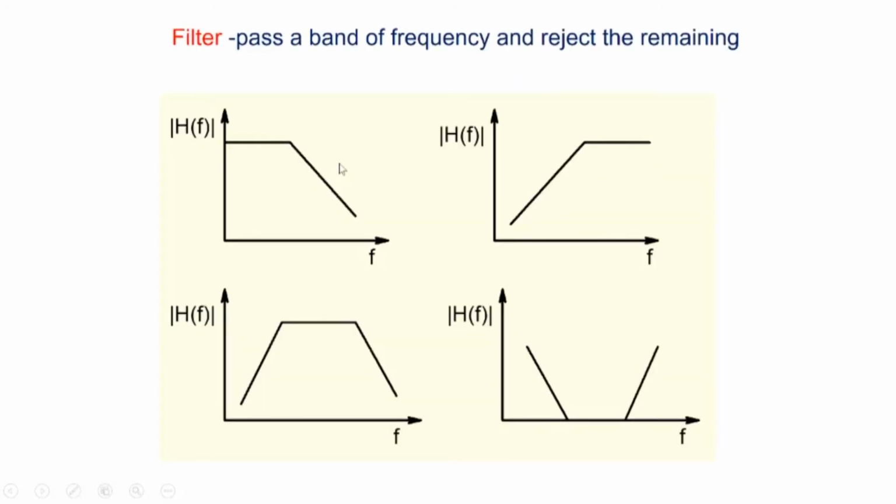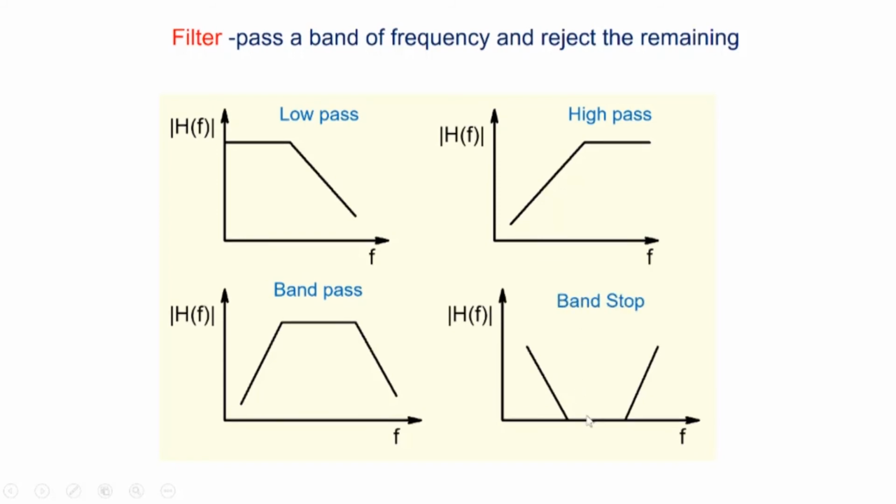All right, so we've been talking about filters, and these are 4 broad classes of filters. We are plotting the magnitude of the transfer function as a function of frequency. We could have a qualitative behavior like this, and it's obvious that it's passing low frequencies and attenuating higher ones, so we would call it a low pass filter. This one is passing higher frequencies and rejecting lower frequencies, so we would call it a high pass filter. And we just discussed this one: it's passing a band of frequencies, rejecting lower and higher, so we call it a band pass filter.